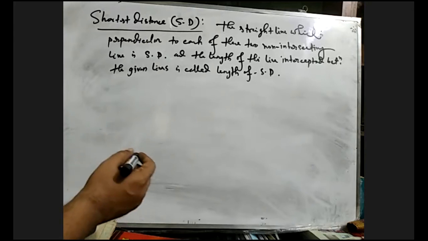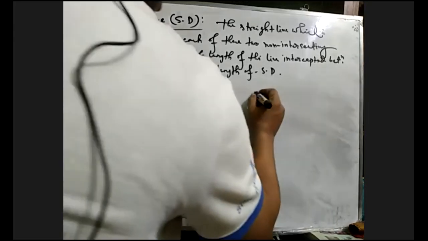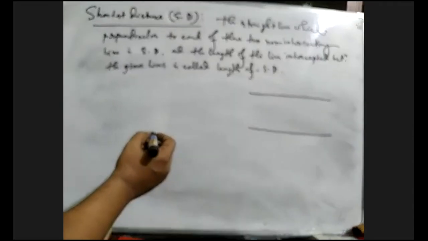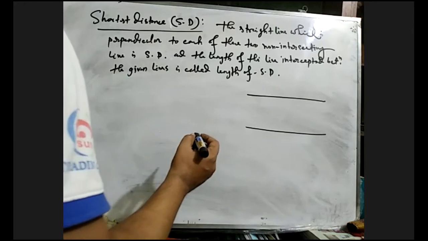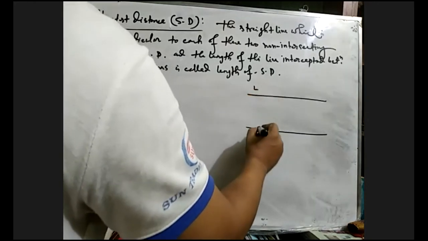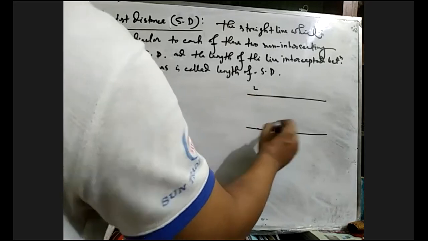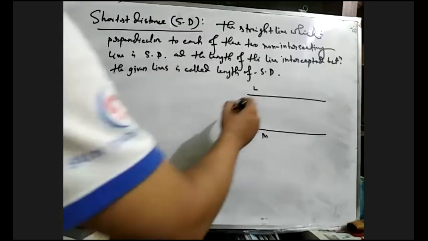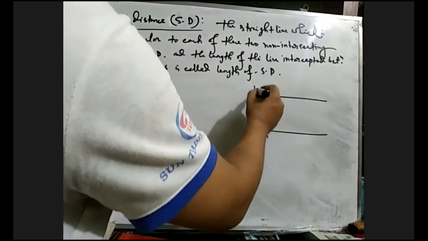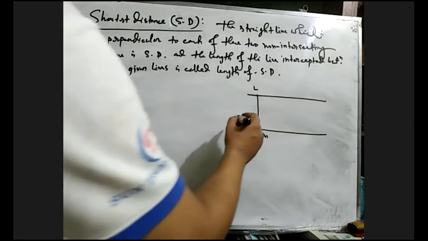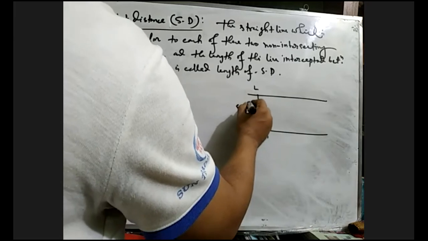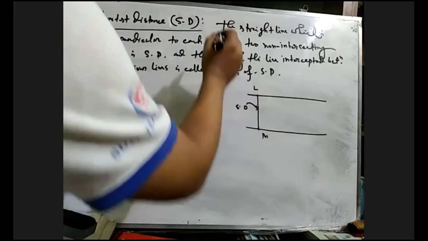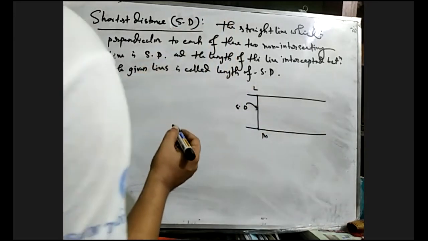So suppose there are two lines. Suppose this is the L line and this is the M line. This is called the shortest distance, the SD. This line will be the shortest distance if it satisfies this condition.